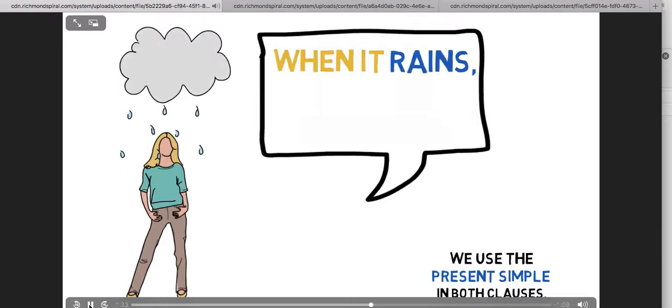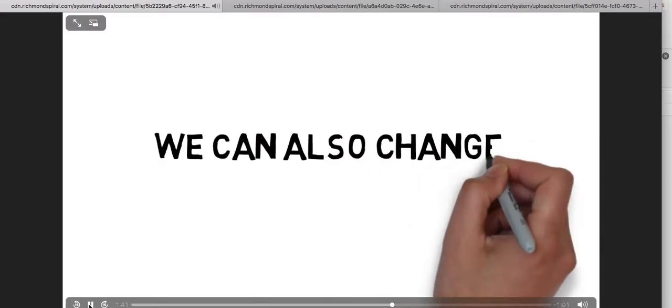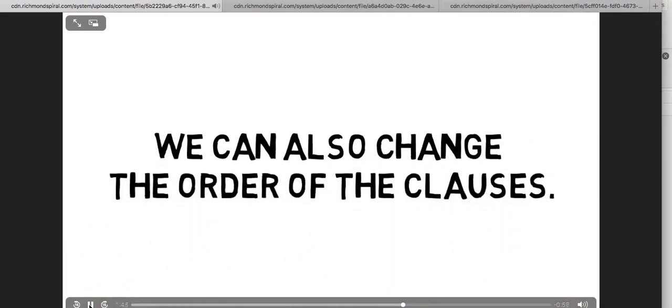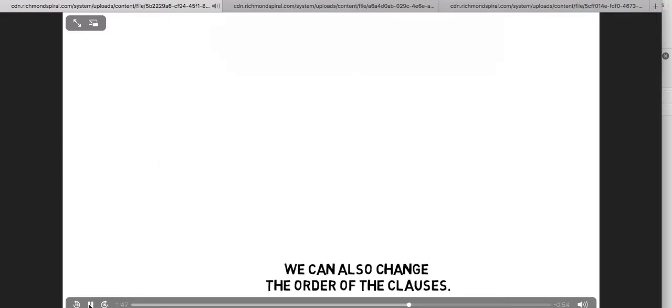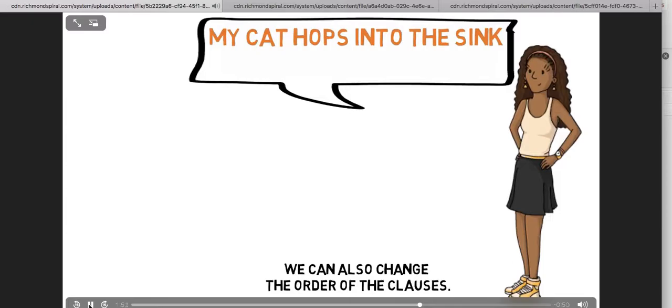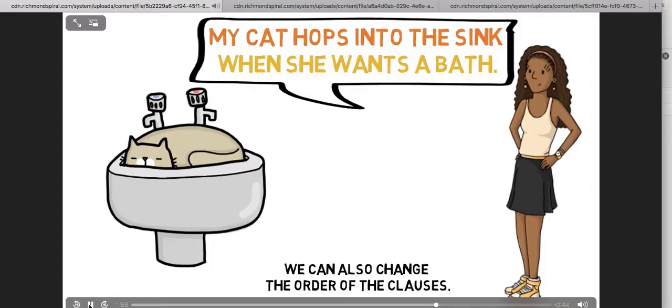When it rains, I use my umbrella. We can also change the order of the clauses. My cat hops into the sink when she wants a bath.